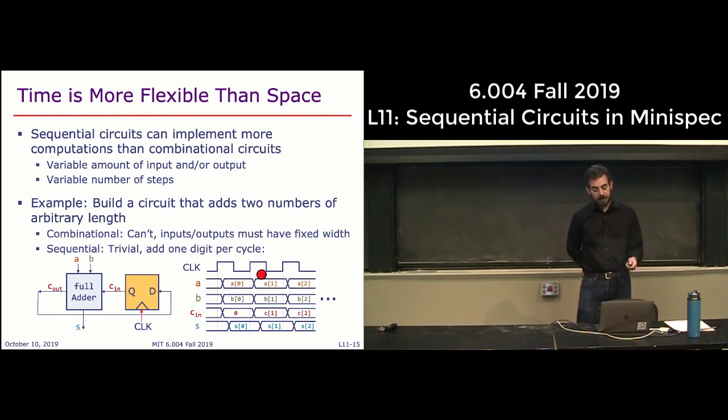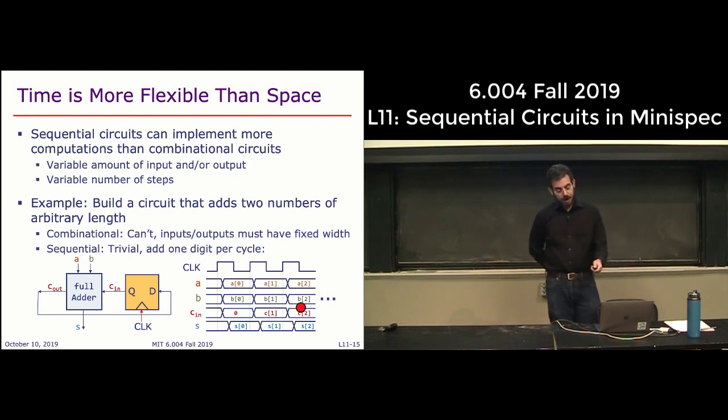Then the next cycle happens, and we feed this circuit A1 and B1, and in cycle 0, this circuit also computed C1, which is now at the output of the flip-flop. It is now Cin. So now we have C1, so we get A1 plus B1 plus C1, that's S1. Cycle 2, we feed it A2, B2, C2, get S2 in the output.